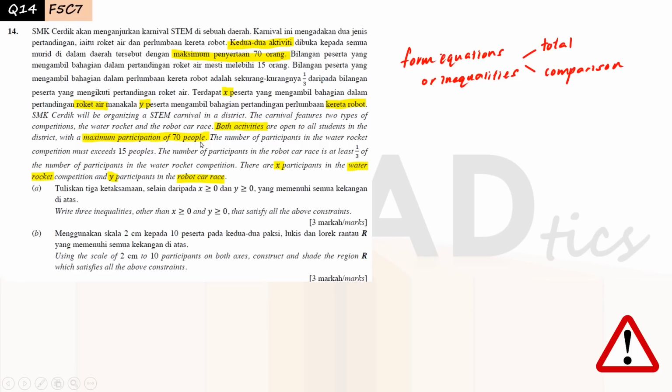This is the total number of participants that we cannot exceed. So the total participants would be X plus Y and then cannot exceed this value. So the first inequality would be X plus Y less than or equal to 70. Okay, so this is the first inequality, and now going to the next sentence.